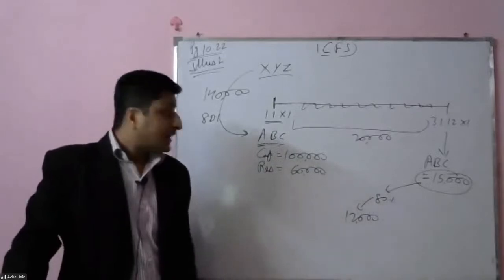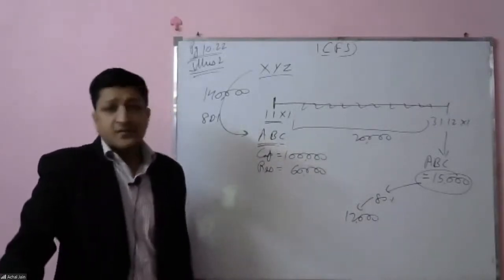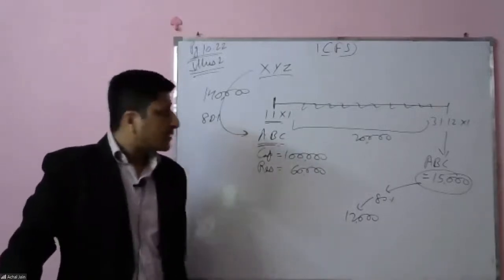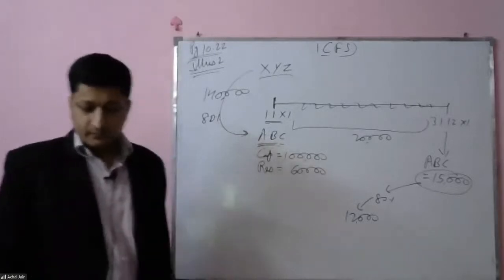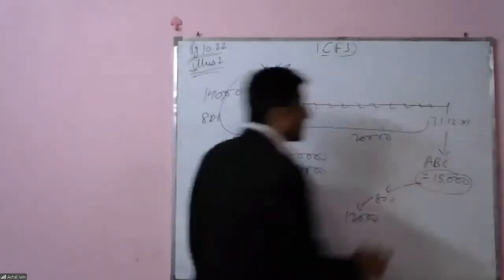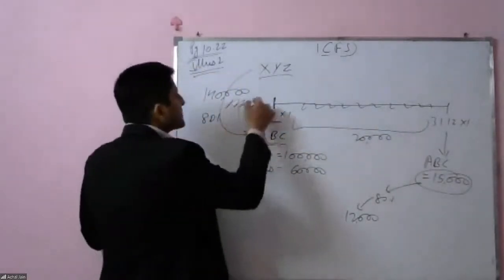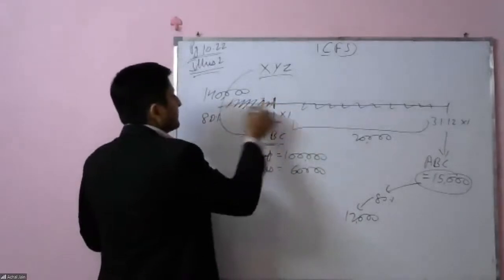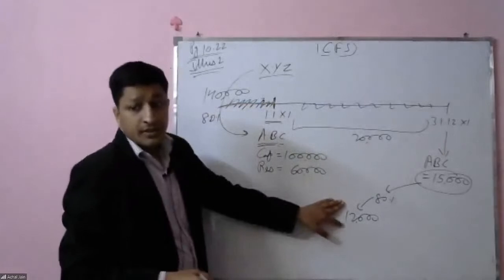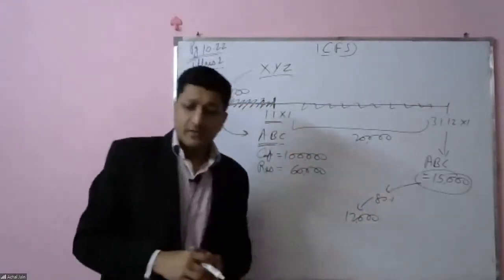Now, if you look at the P&L of XYZ, as we have discussed, 2 treatments are possible. If we say that this dividend belongs to pre-acquisition period, what is pre-acquisition period? This is pre-acquisition period. Then this should get adjusted with the cost of investment.